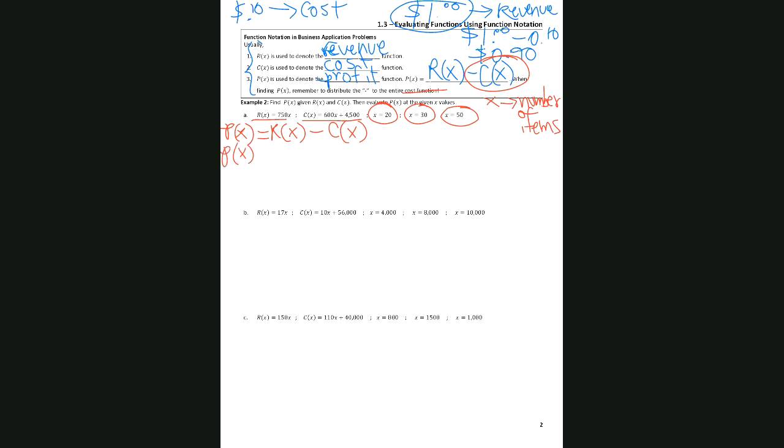I'm going to take the revenue function, so the equation for it is here, 750x minus, now the cost function has 2 terms, so I'm going to use parentheses, so this will be 600x plus 4,500, close parentheses.